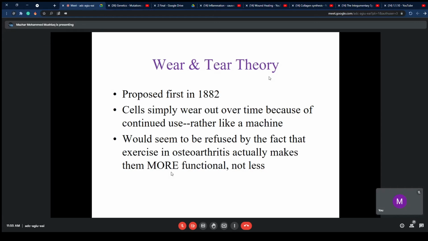So, for example, if you are doing exercise, that will enable the cell to perform much better. But if you don't use a cell and you just leave it, and then you use it one time for such a long time, that would affect the cell, that would affect the wear and tear of the cell.